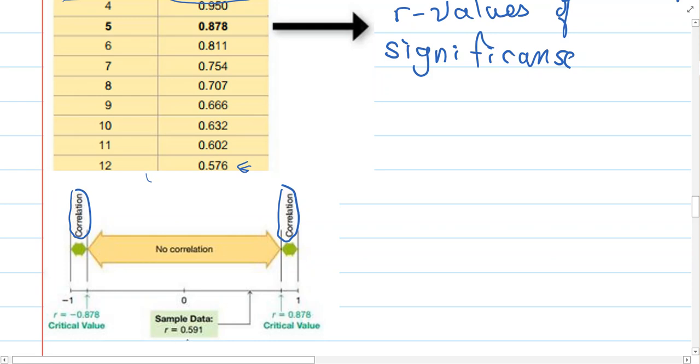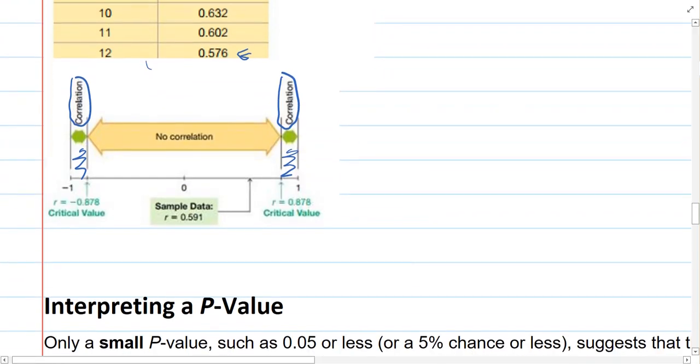So if R is 591 thousandths, which is this value here, where it says no correlation, anything in this zone makes it linear. So that lets you know what the litmus test is.